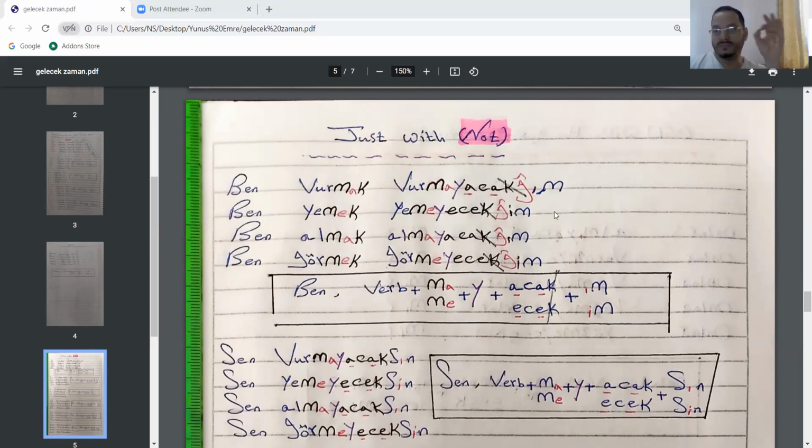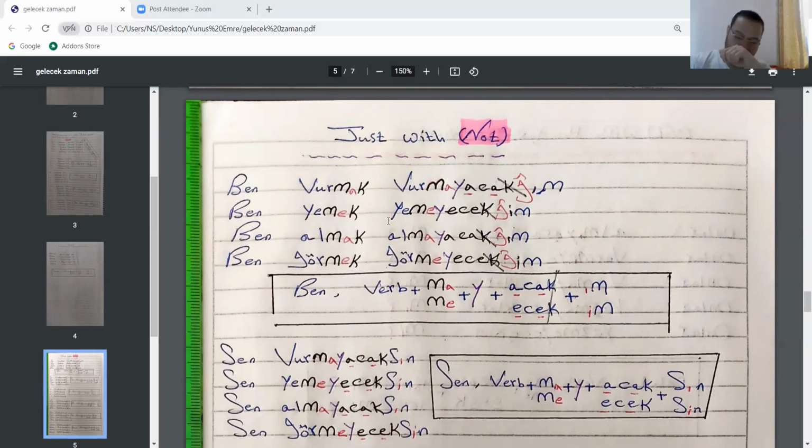We must have the right pronunciation in situations like that. We must say all of these letters together because all of this is one word. Yemeyeceğim. In English, I will not eat, from 4 parts.